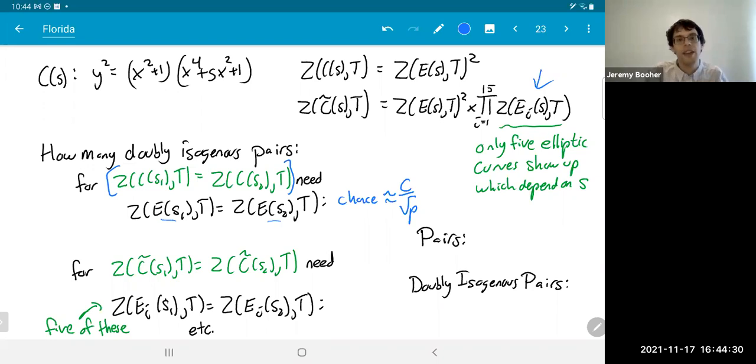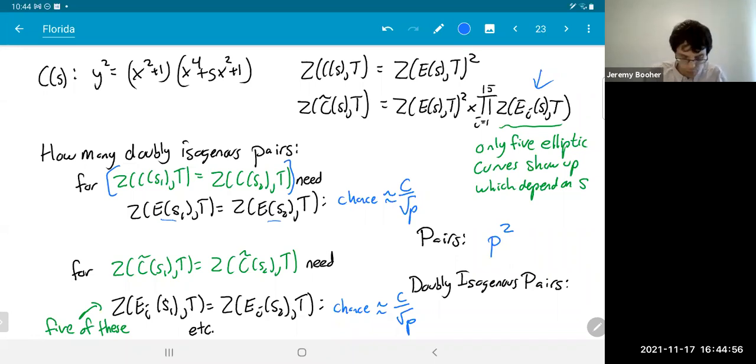If we want the zeta functions of the covers to also be the same, we need more elliptic curves with the same zeta function. There are 5 of these, and we need them all to be equal by chance. Each one has chance about a constant over the square root of p. So there are p squared pairs of curves.